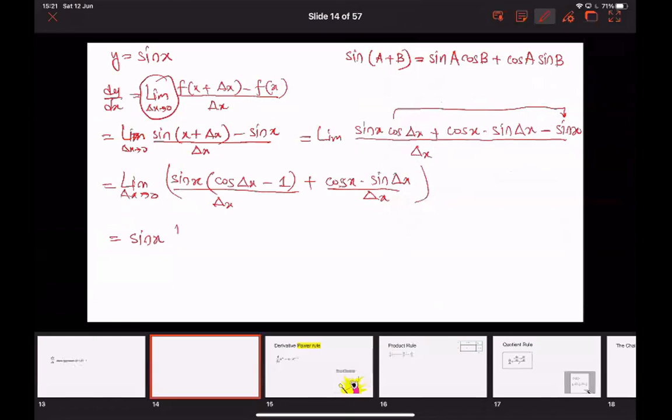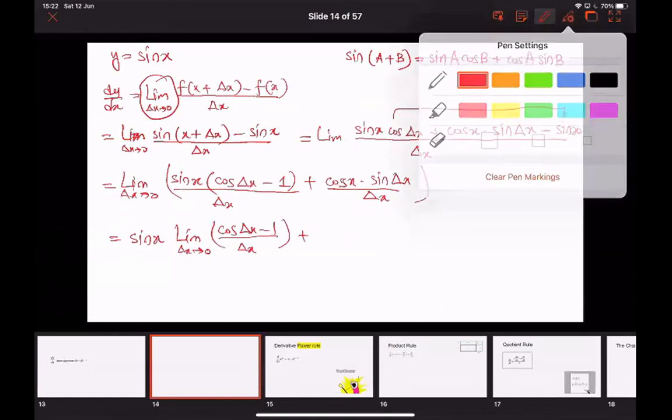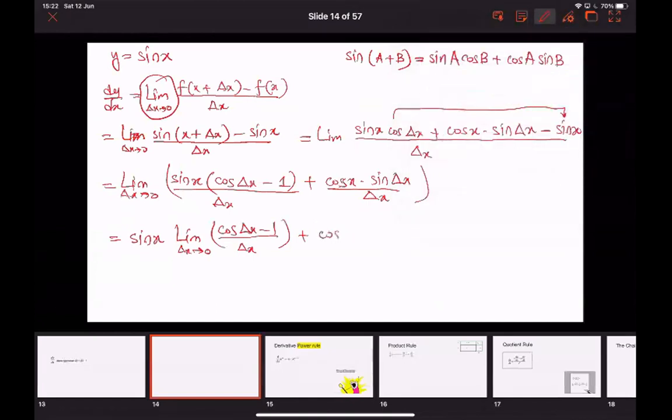So it is going to be sine x times limit as delta x goes to 0 of cos delta x minus 1 over delta x. Plus, I can also take the cos x outside, because the limit is applied only for delta x, not for x. So limit of sine delta x over delta x.